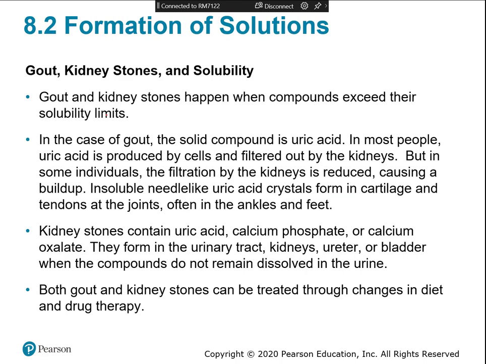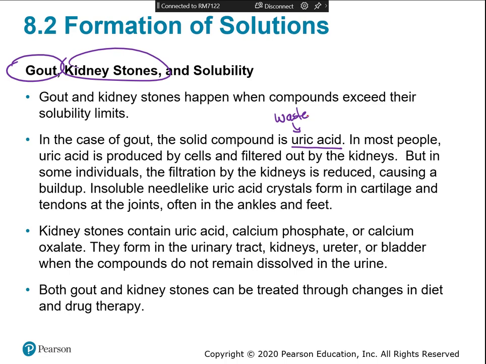So there's an application for this. In the body, there are times when you may get to the point that the amount of solute is saturated, and any more will actually form a solid. Two good examples of this are gout and kidney stones. With gout, there is a waste molecule that is made from protein synthesis, just cellular metabolism.